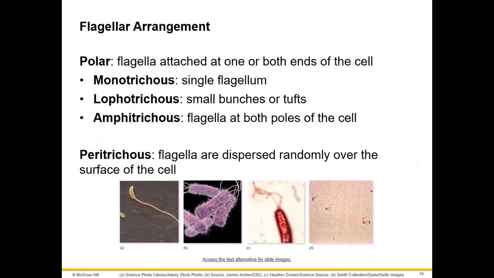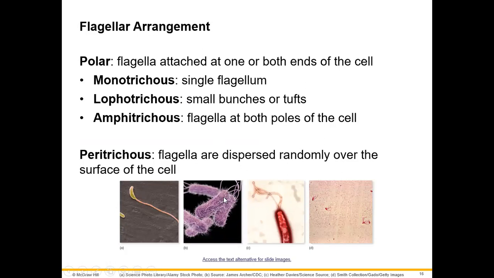So the different arrangements of the flagella: you can have a single flagellum, mono, single. Trichous means hair-like. So this would be a monotrichous bacterium. Lophotrichous has small bunches or tufts.